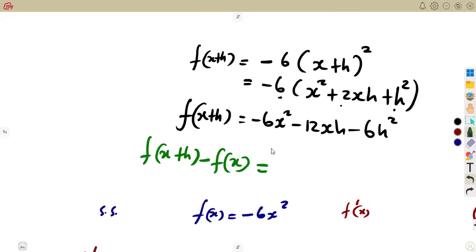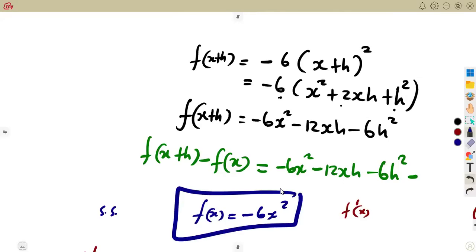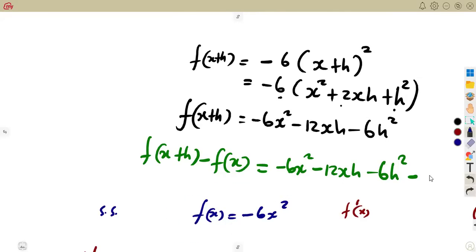You take f of x plus h, which is minus 6x squared minus 12xh minus 6h squared, minus f of x. We are going to subtract our f of x, which is minus 6x squared. That is what it means.